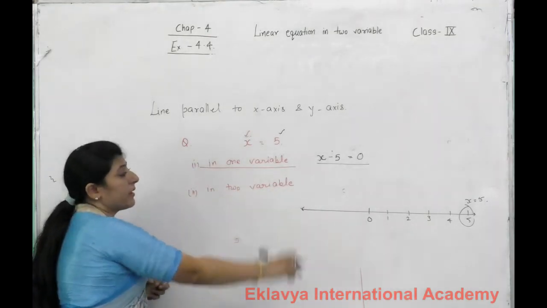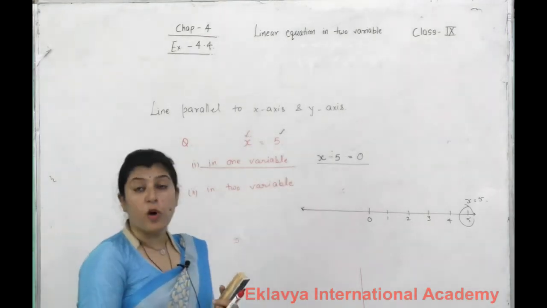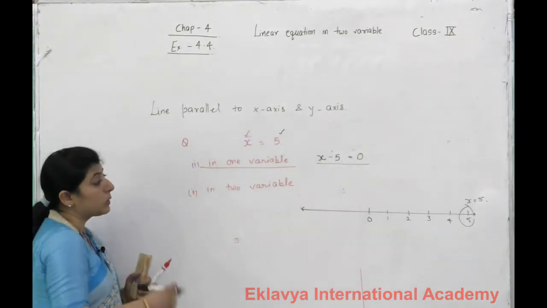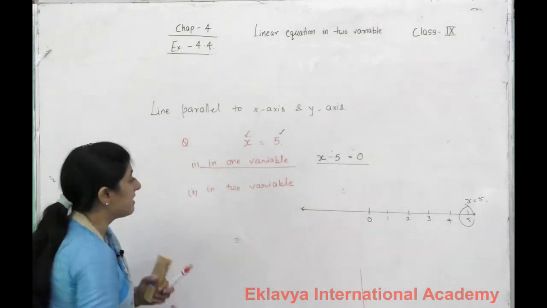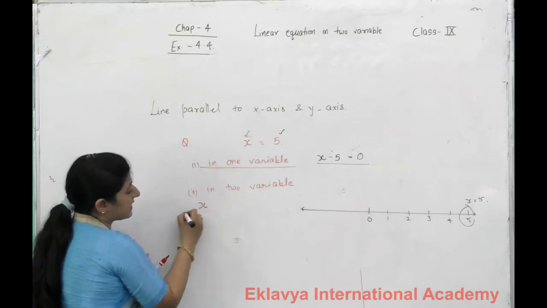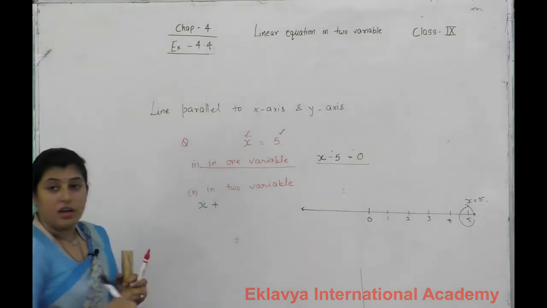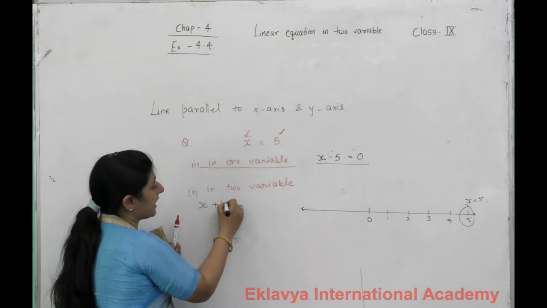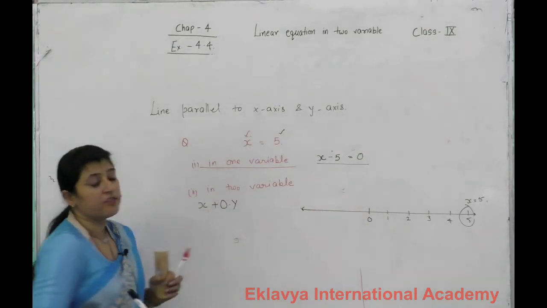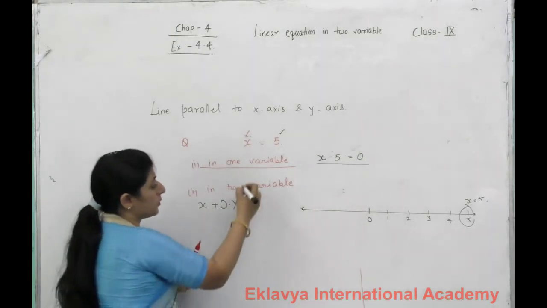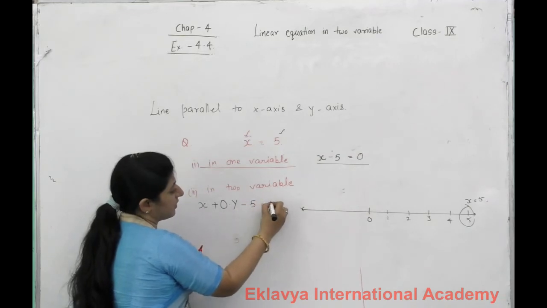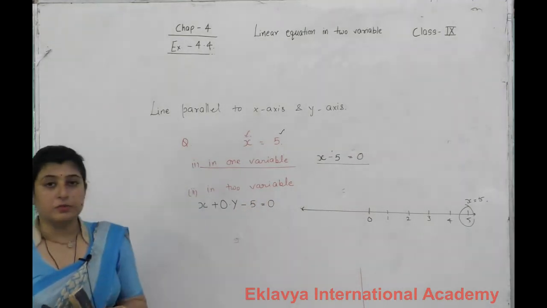In two variables, how to represent it? There is no y variable, so how do we include the y variable in it? See, x plus, we don't have the y variable, so we take the coefficient of y as 0. Minus 5 is equal to 0.